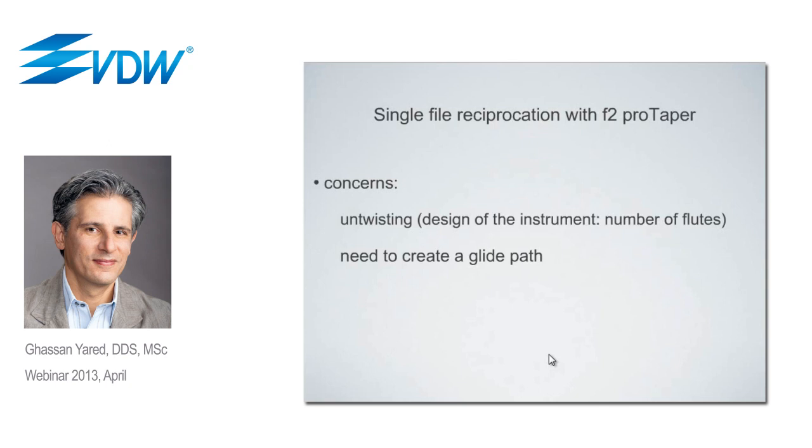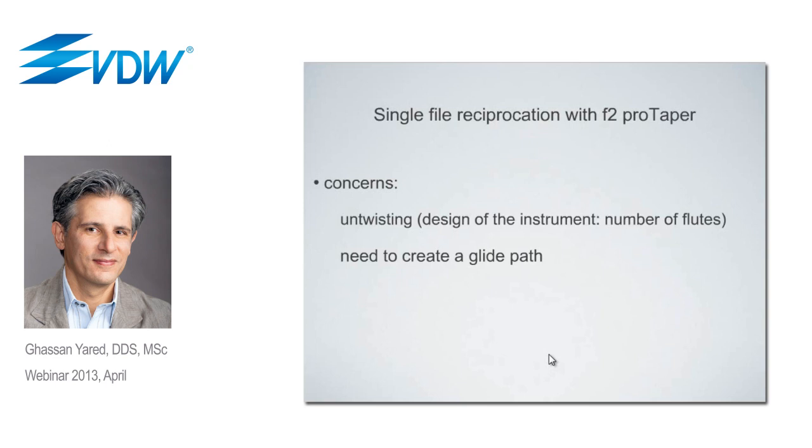So I wanted to move away from the glide path concept. When we teach, don't we say, if you are able to prepare the canal to a size 15 hand file, the preparation is almost complete? What does that mean? That means the canal preparation from 8 to 15 is the most critical step.